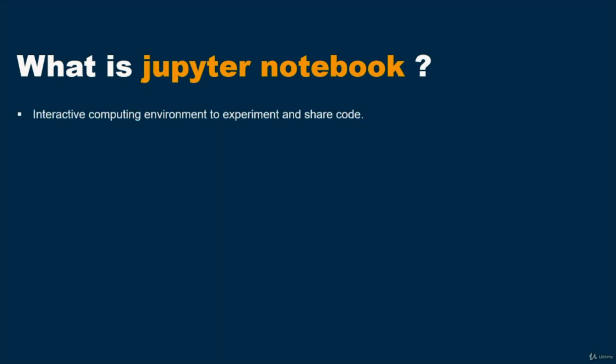Jupyter is a loose acronym which means Julia, Python, and R. These programming languages were the first target languages of the Jupyter application. But nowadays, the notebook technology also supports many other languages.